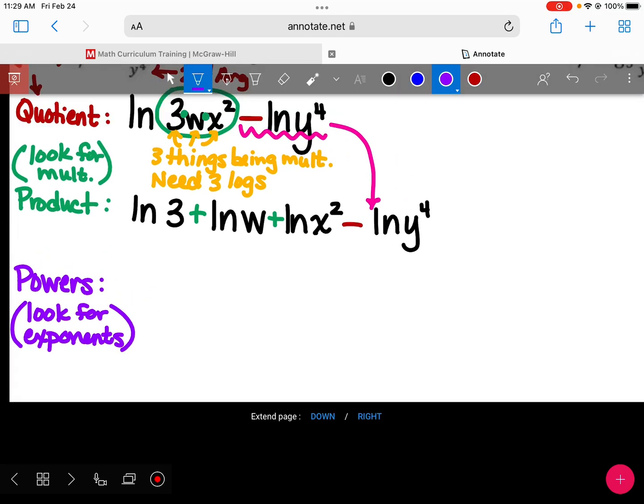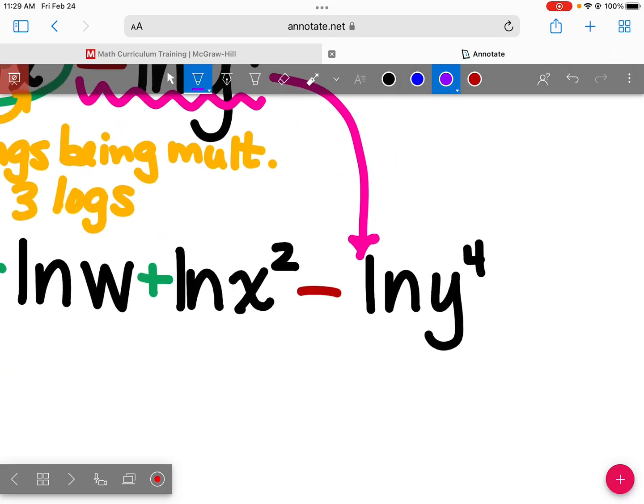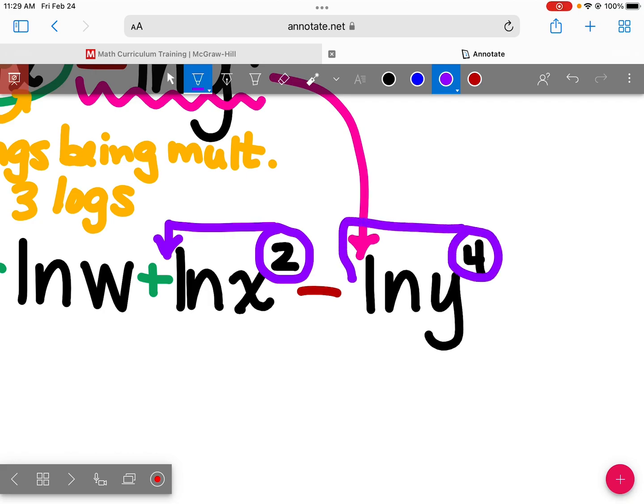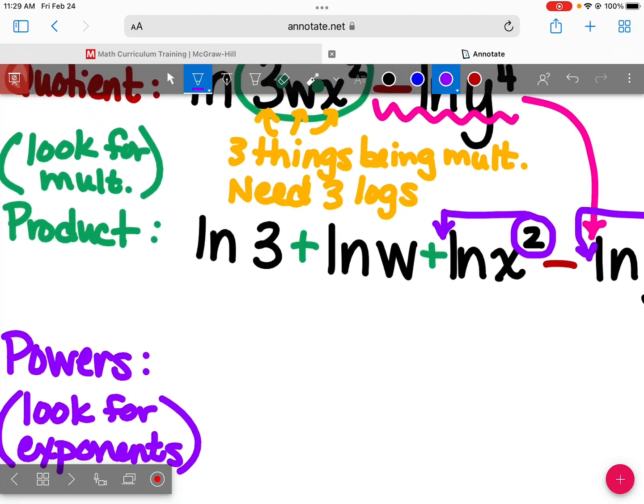Yes, which ones? ln x squared, so this right here is an exponent. It's going to come right in front of that ln. Anywhere else? Y to the 4th. So this 4 is going to come right in front of this ln.